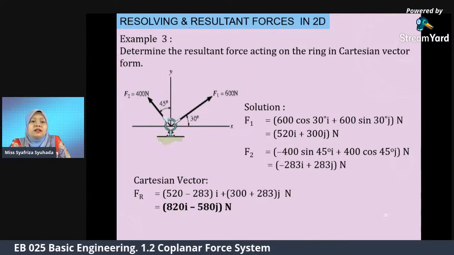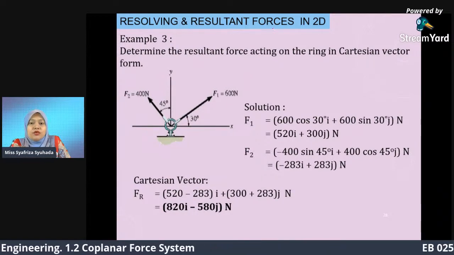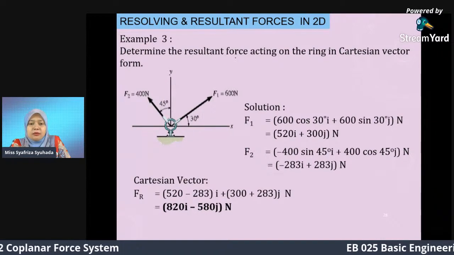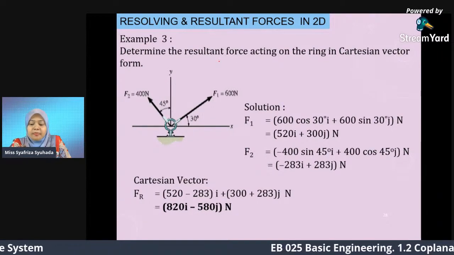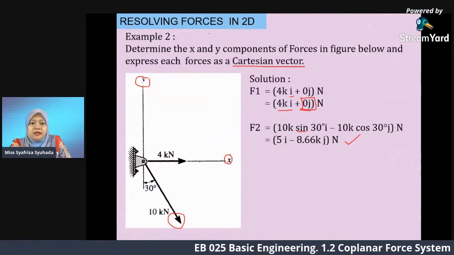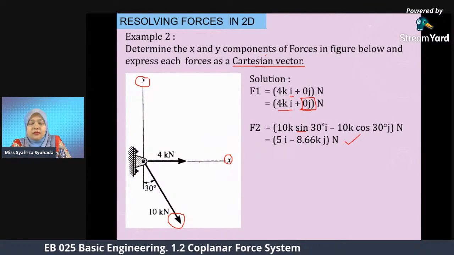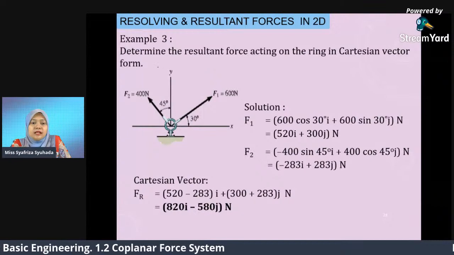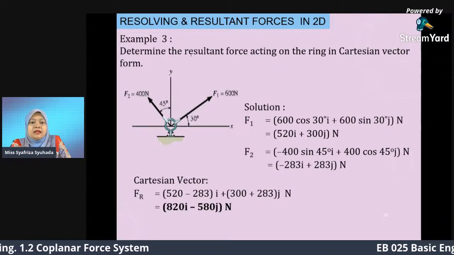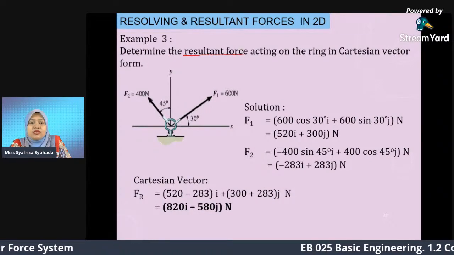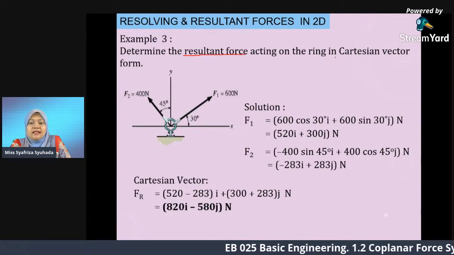Lerai dan gabungkan forces in 3D. Okay, kita tengok perbezaan soalan dia. Kalau soalan tadi, determine the Y and X component. Tetapi untuk resultant, dia akan tulis determine the resultant forces acting on the ring in Cartesian vector form.